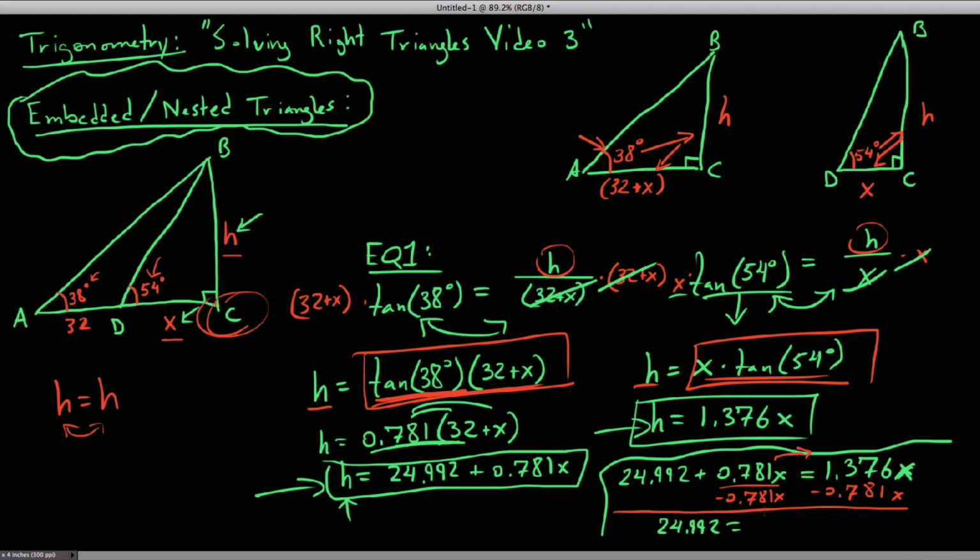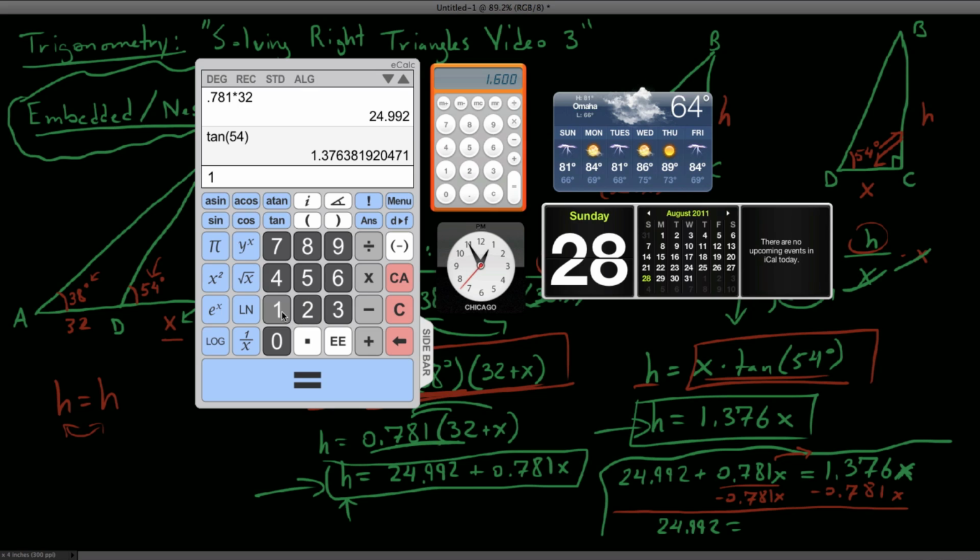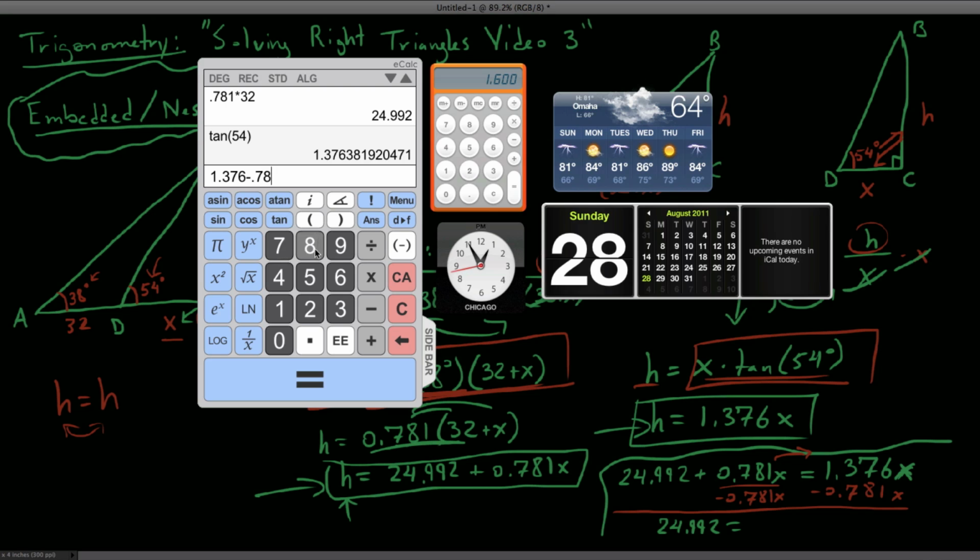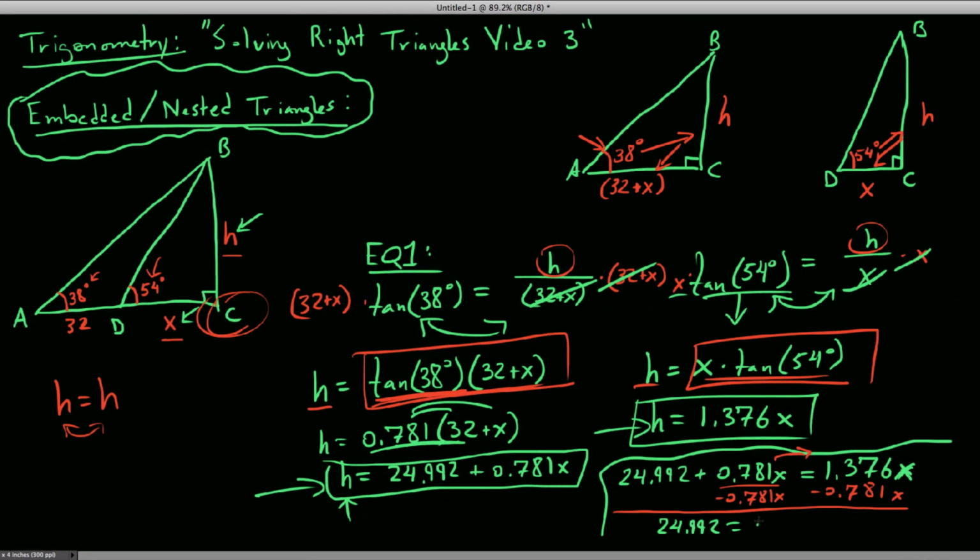And so we're left with this: 24.992 is equal to 1.376 minus 0.781, which gives 0.595, and that's an x, by the way. We need to isolate x still, so we divide both sides by 0.595.